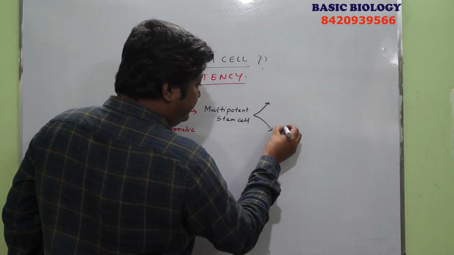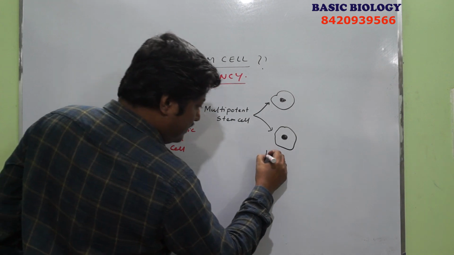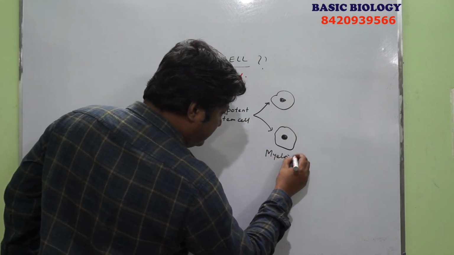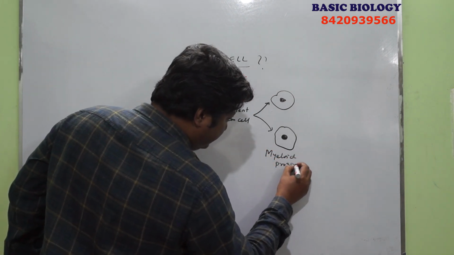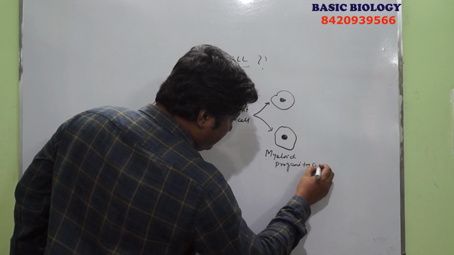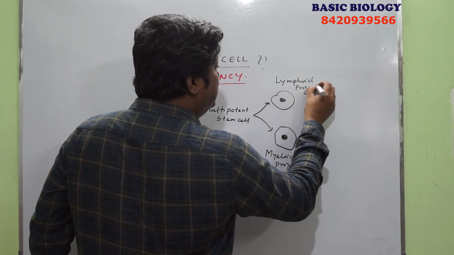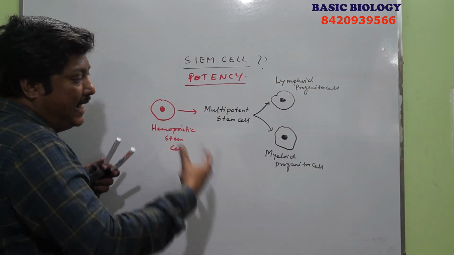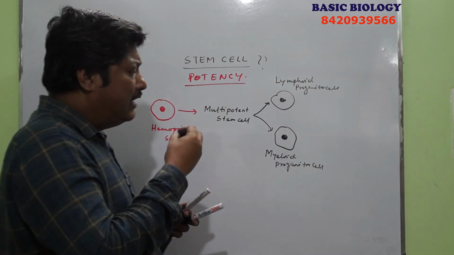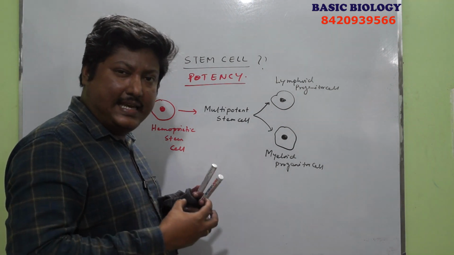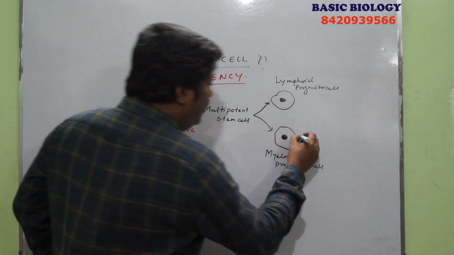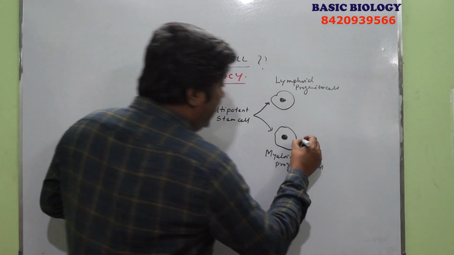One is the myeloid progenitor cells, another is lymphoid progenitor cell. And these myeloid progenitor cells are one kind of restricted cell which give rise to only the different kinds of blood cells.